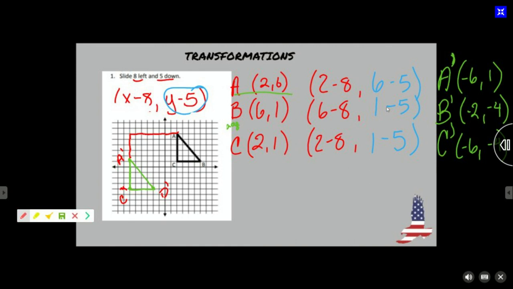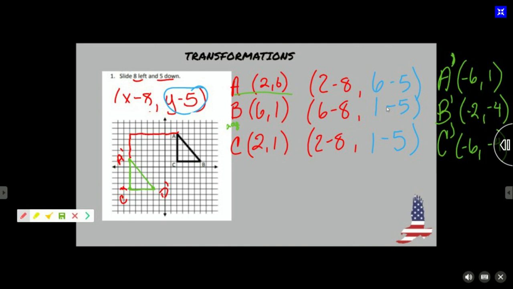Now, because I'm teaching, because we're learning, we're writing everything out, we're showing all of our work, but it gets a lot faster. You're going to have to write me the rule and you're going to have to give me the new shape. Put a note on your notes. Put a star around it.